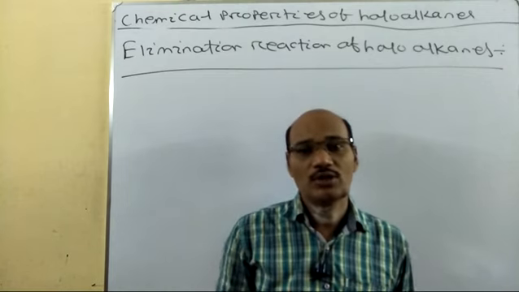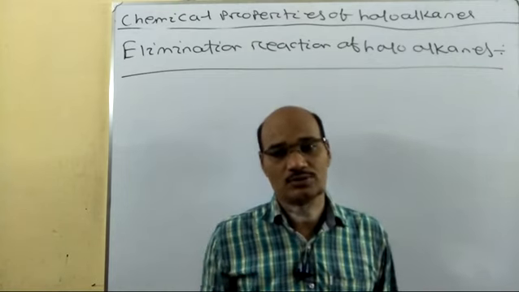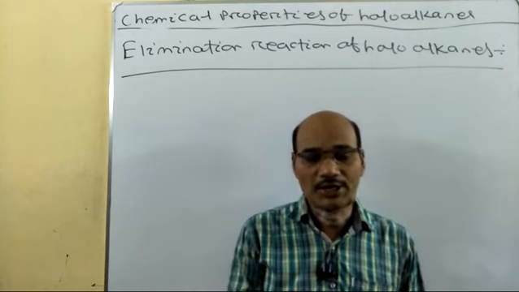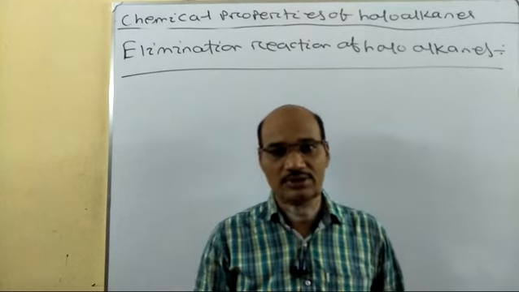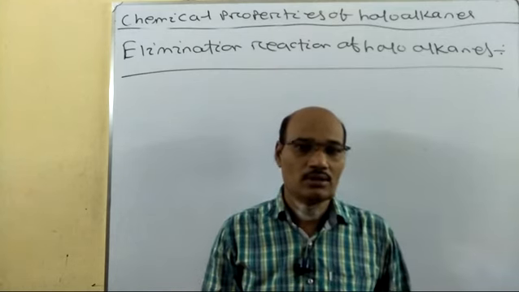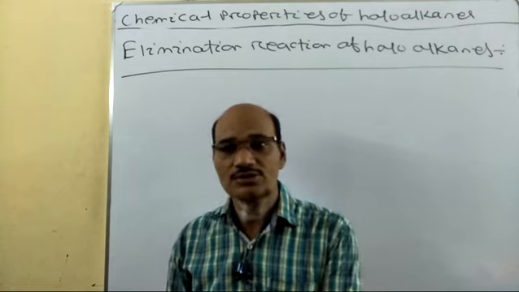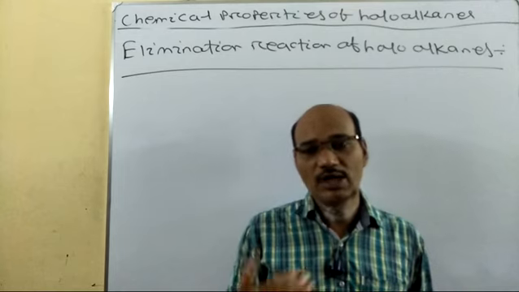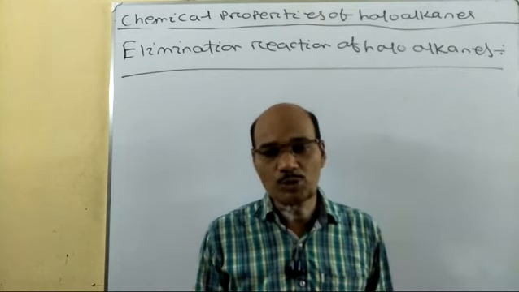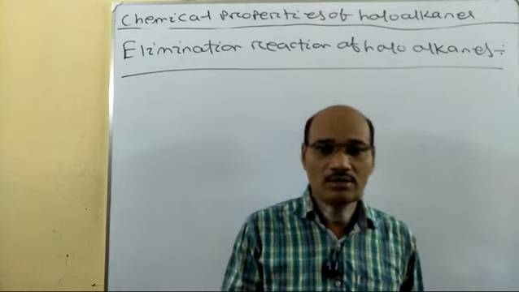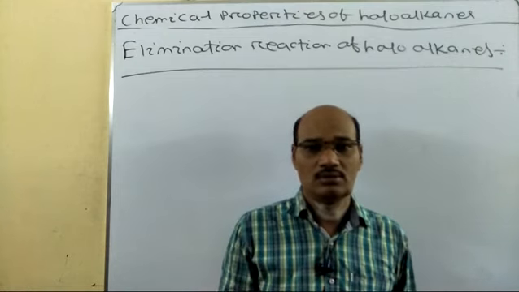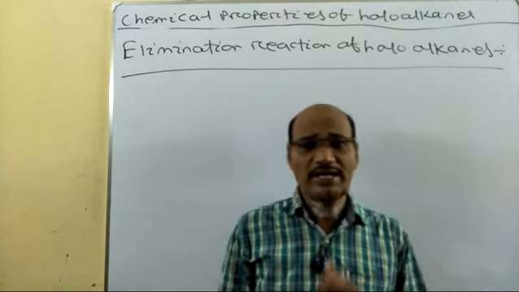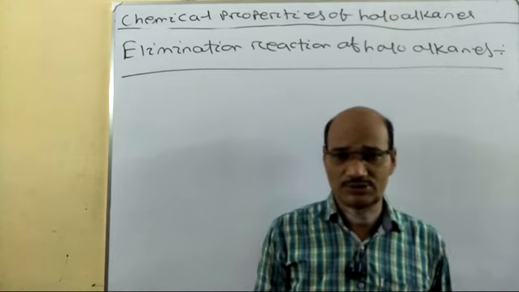Whenever two atoms or two groups are removed from an existing molecule, a new bond forms between the two atoms, and that means we get an unsaturated compound. So reactions involving removal of two atoms or groups forming an unsaturated compound are called elimination reactions. Such reactions are shown by haloalkanes.